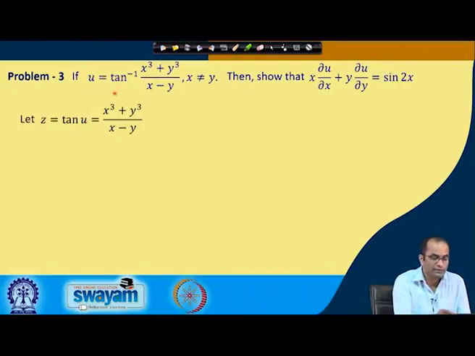as tan u, because if we take this tan to the left hand side we get tan u is equal to x cube plus y cube over x minus y. Now this z is a homogeneous function of order 2, because we can write it as x square. We have taken x cube common in the numerator and x from the denominator.